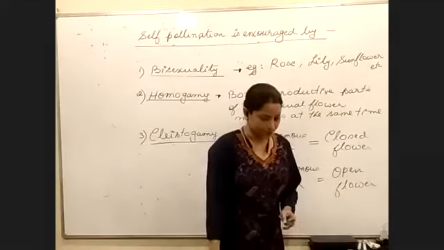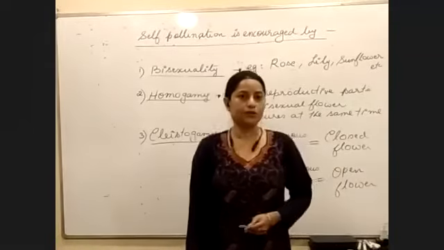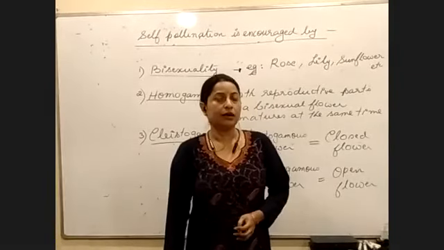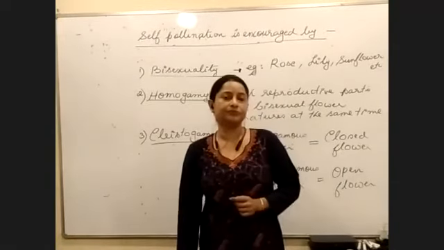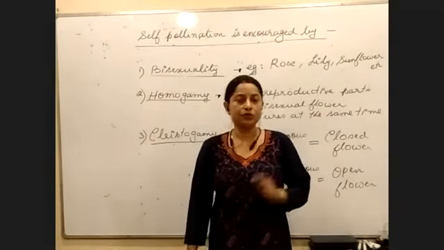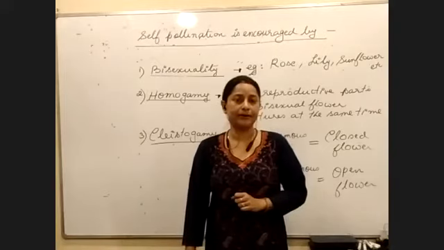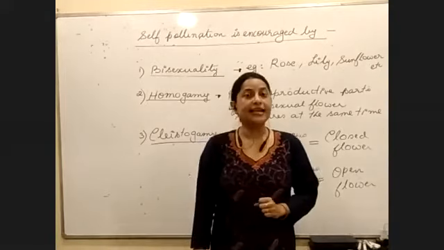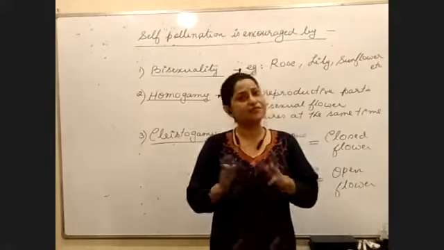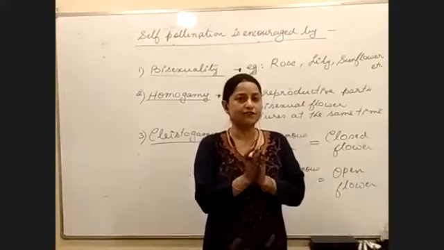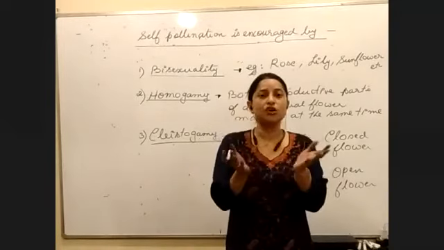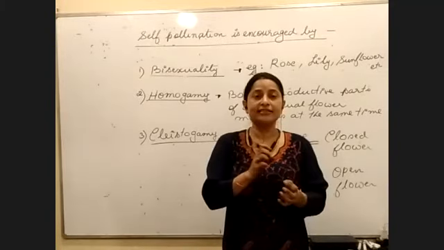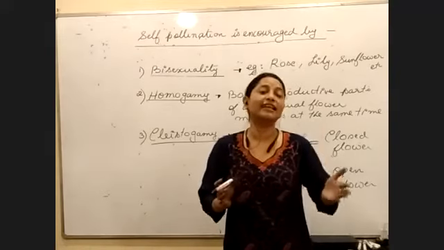Now, what do you understand by the term closed flower and open flower? It means the flower does not open before pollination. What do we understand by the opening of a flower? Which part are we talking about? The petals. Yes, not only the petals, sepals, everything. If we are talking about a flower which does not open, the petals will not open. As a result, the reproductive parts will not get exposed.